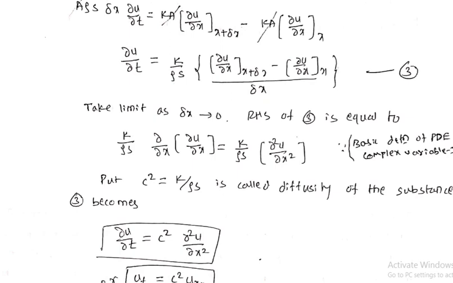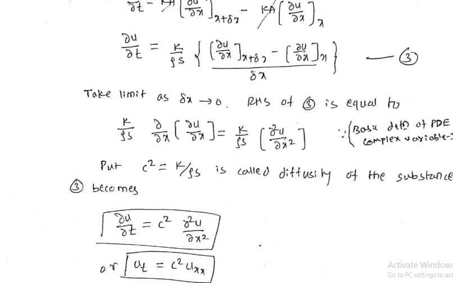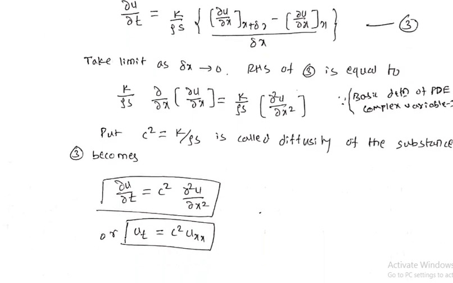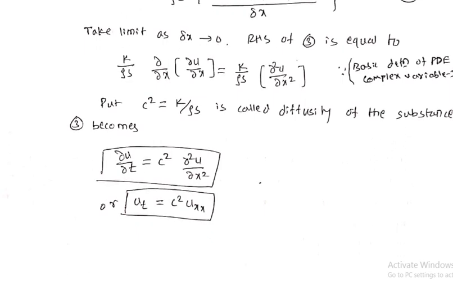So this one is called the one dimensional heat equation. The same equation can also be denoted as u_t is equal to c square u_xx, which is the required proof of the one dimensional heat equation.